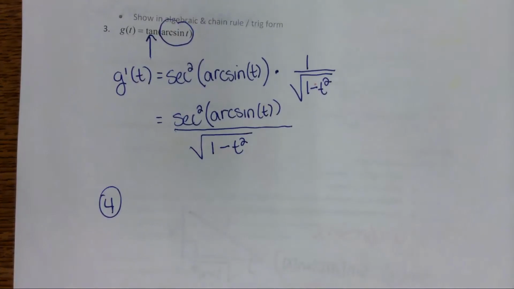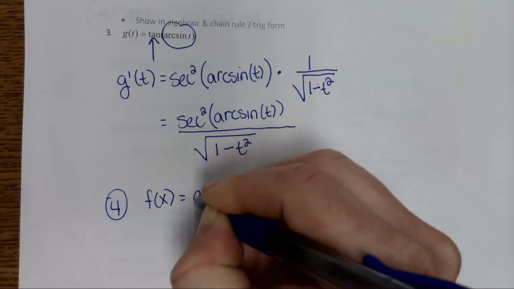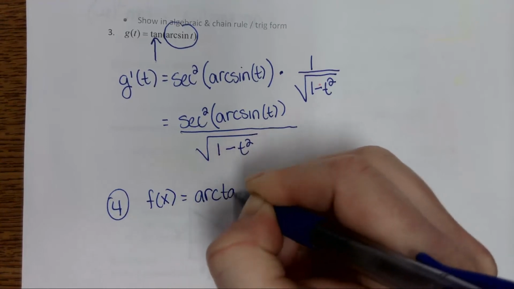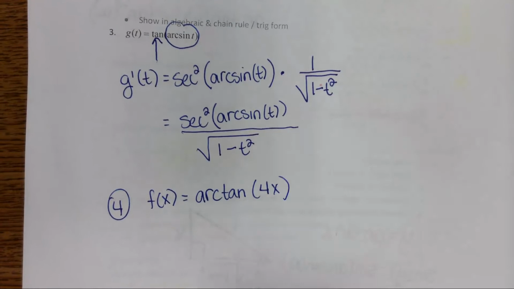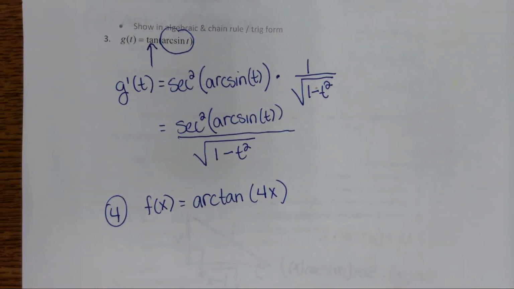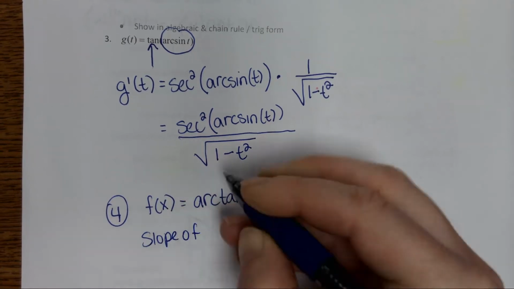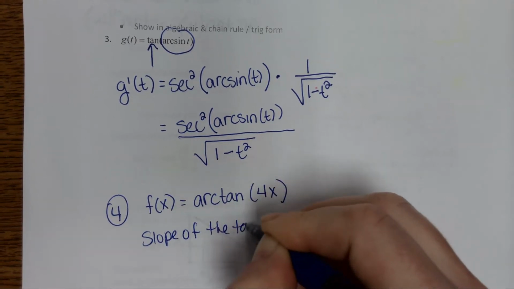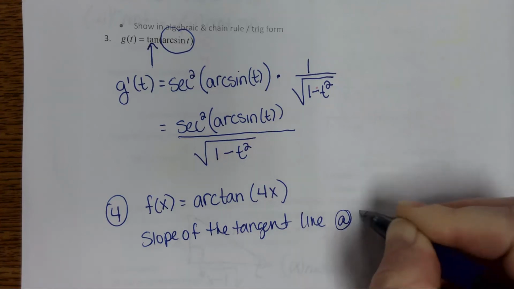All right, so let's say I gave you the function f of x equals arc tan of 4x. And I wanted the slope of the tangent line at x equals 1/4.